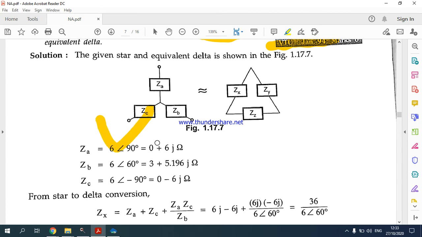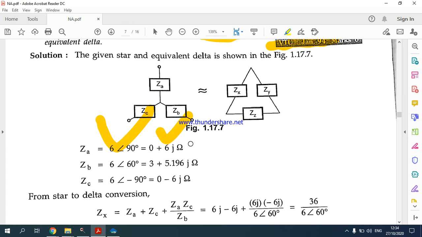I have the value in polar form. I will convert this into rectangular form. You should remember, polar means it is like 6 angle 90. After converting into rectangular form, you will get 0 plus 6j. How can you convert rectangular form into polar form?